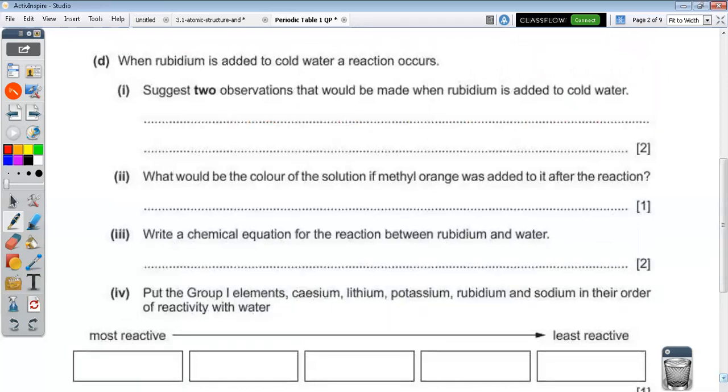Observations? Can I ask you something without looking at your notebook? If lithium reacts with water, what's the observation? I gave you that.